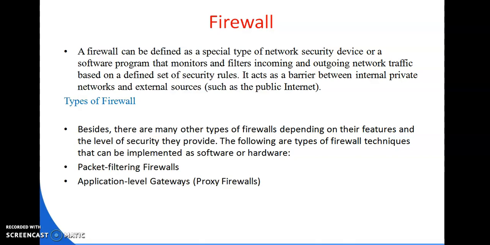Next, the firewall. A firewall can be defined as a special type of network security device or a software program that monitors and filters incoming and outgoing network traffic based on a defined set of security rules. It acts as a barrier between internal private networks and external sources.